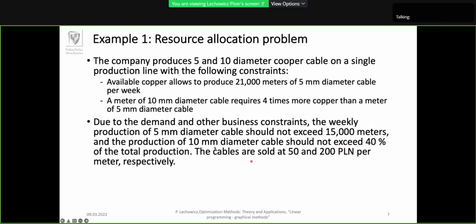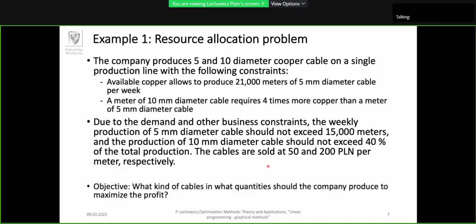And we have prices assigned to each type of cable, per meter. So the smaller cable costs 50 zlotys per meter, and the larger one 200 zlotys per meter.